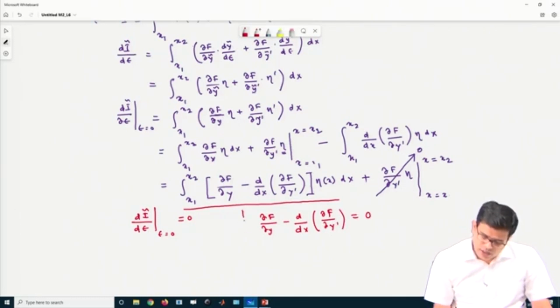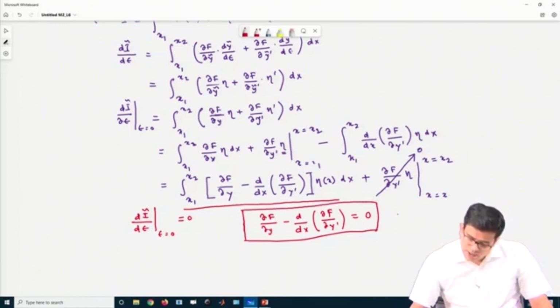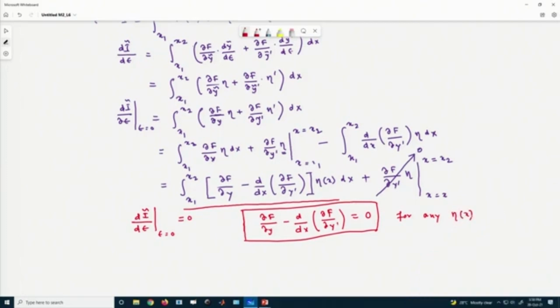This is my condition, for any eta x. Obviously eta x has to be admissible, which means eta x has to satisfy the boundary conditions, specifically in case of the Brachistochrone problem, that at point x1 and point x2 it has to be 0. So this is known as the Euler-Lagrange equation.